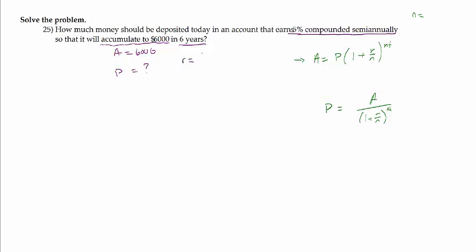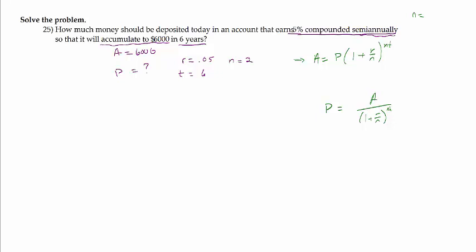R is my interest rate, and make sure that you convert it to a decimal or a fraction, so 0.05. And then T is my time, and time has to match the interest rate. It's an annual interest rate, so time needs to be given in years. So I'll use 6 for that. The other thing I need to decide is what goes in for N. Since it's being compounded semi-annually, that's going to be 2 times per year.